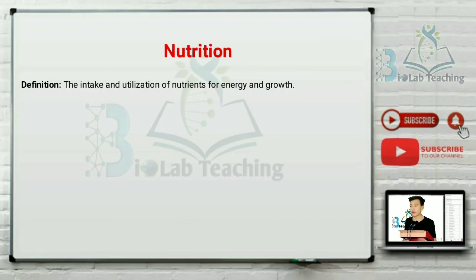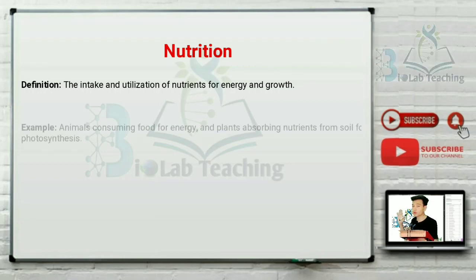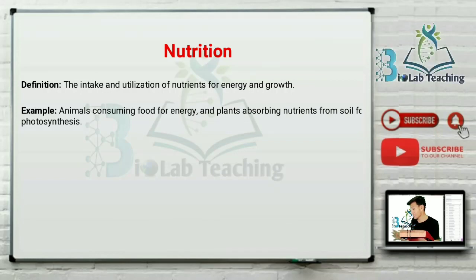It comes from the utilization of nutrients. Metabolic processes, anabolism and catabolism, take place in living organisms and release energy at the cellular level. For example, animals consume food for energy, and plants absorb nutrients from the soil for photosynthesis. That is an example of nutrition.